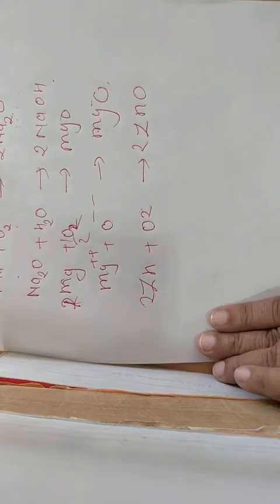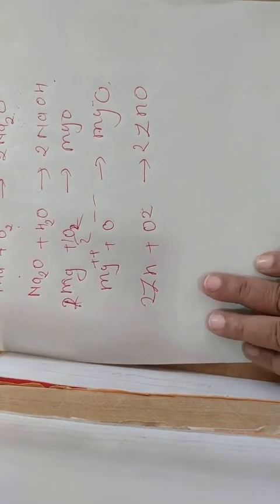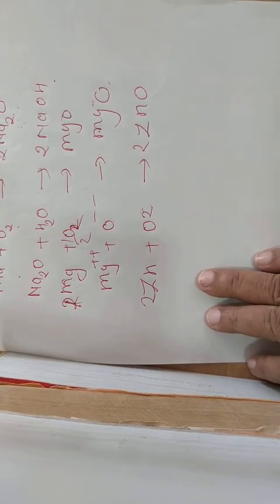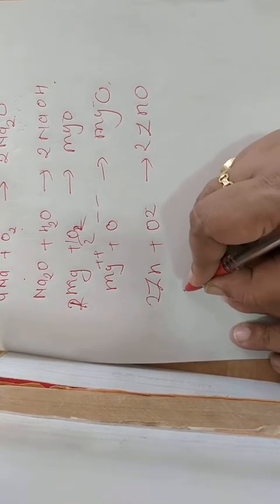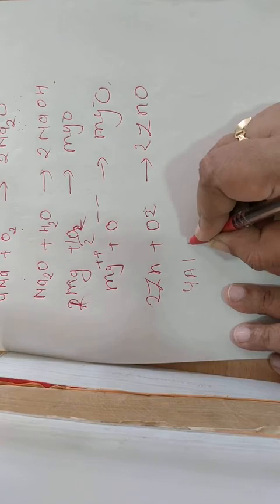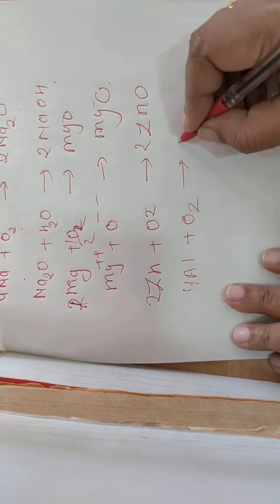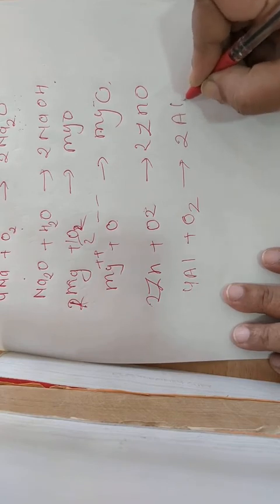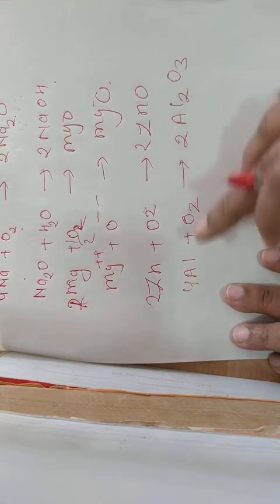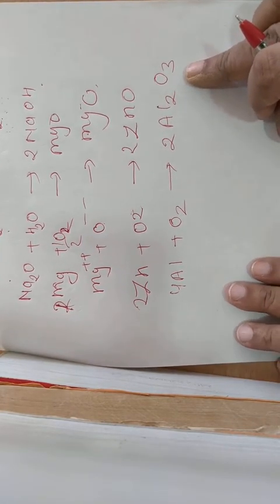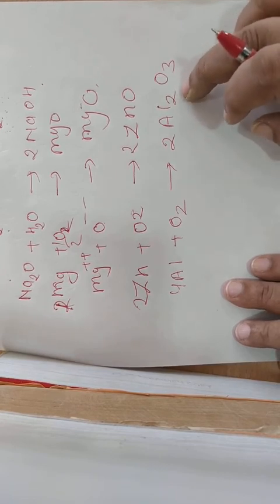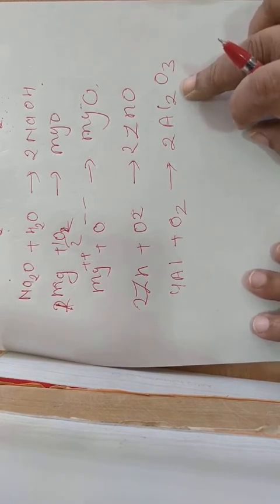Gold will not react with air. Silver will react; that is why silver turns a grayish color. When aluminium reacts with oxygen, it again forms alumina, Al2O3. You have to write all these reactions in your copy. It is very important.